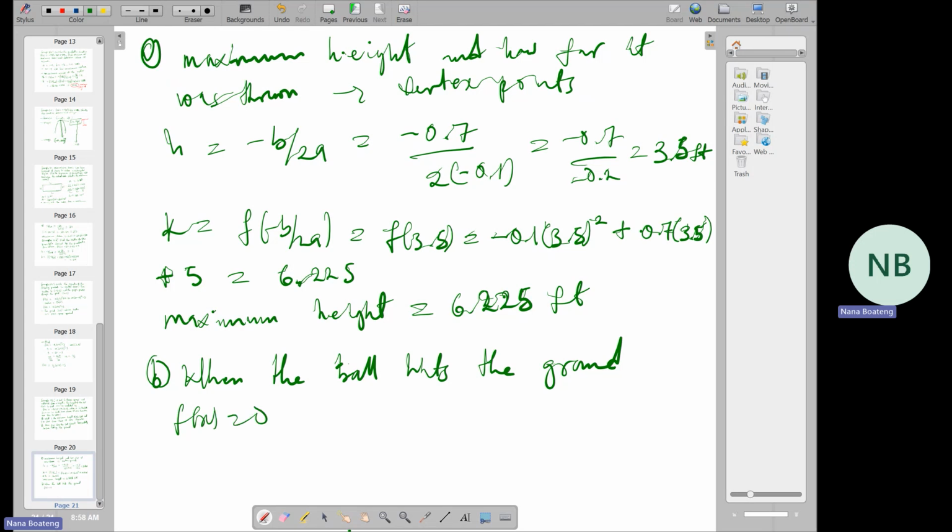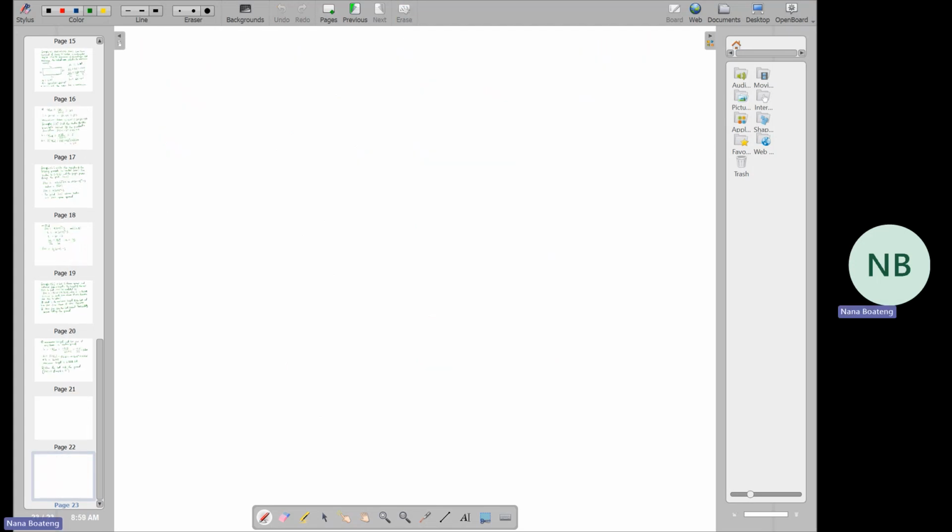Height is 0. So that's what this statement means. F of x is equal to 0, which means the same thing as the height at that point equals 0. So that means we have to solve the function for 0.